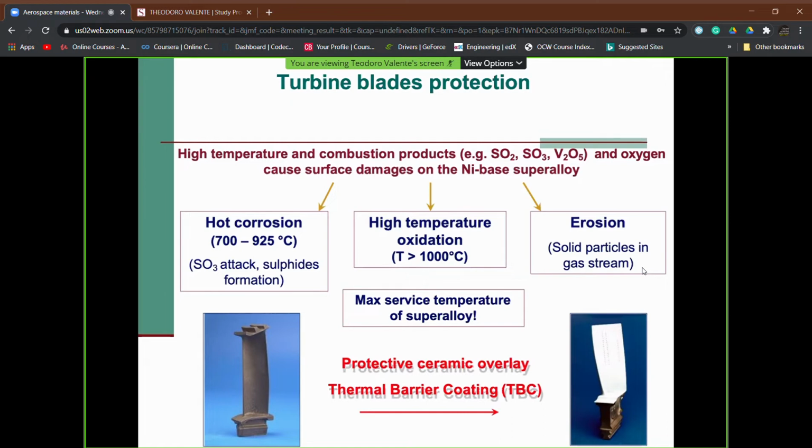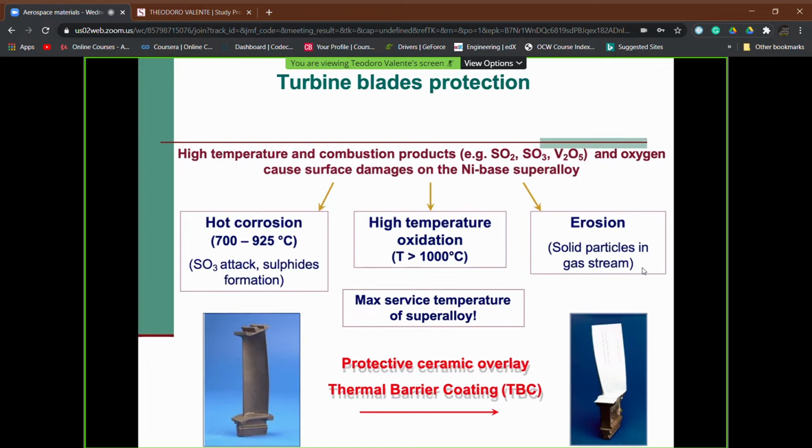Thus, the use of a ceramic coating is also suitable to reduce the corrosion which would happen on the nickel-based superalloys if the coatings were not used. We have also another phenomenon which can be relevant according to the composition of the air which is used for the combustion.